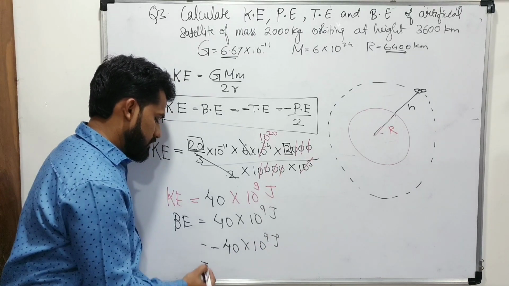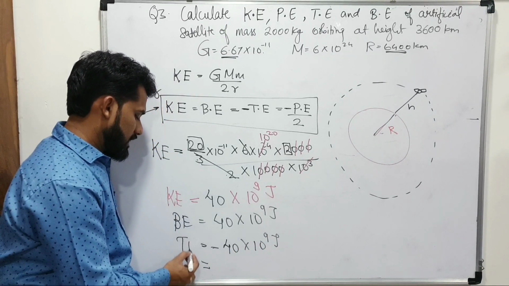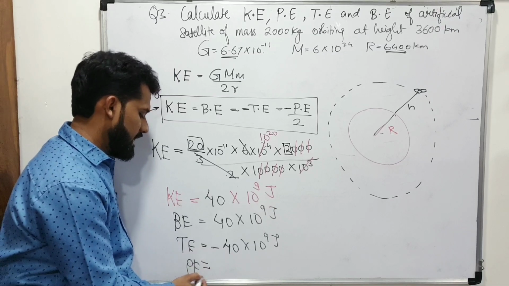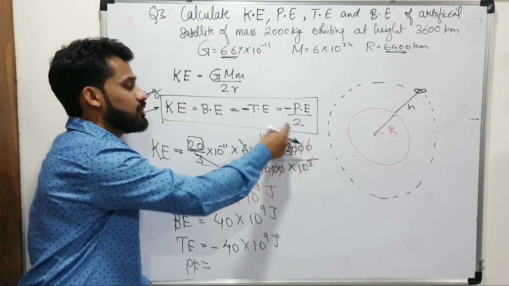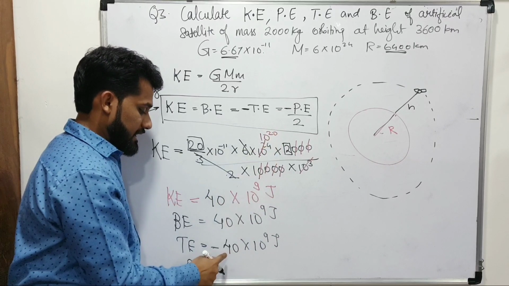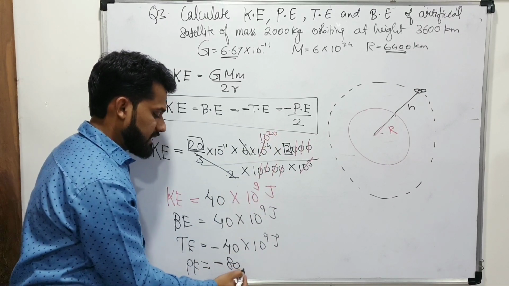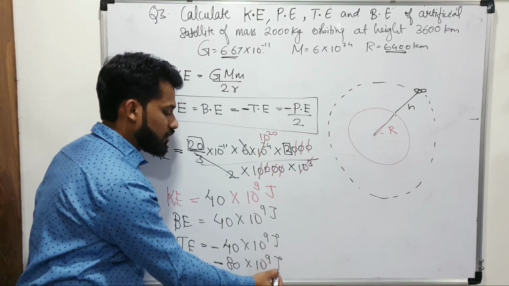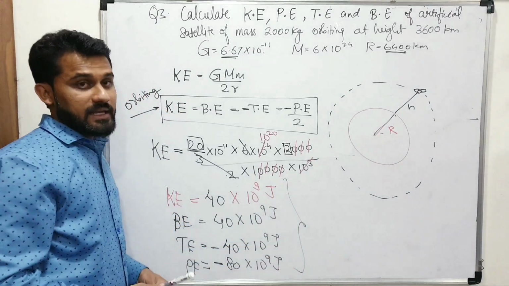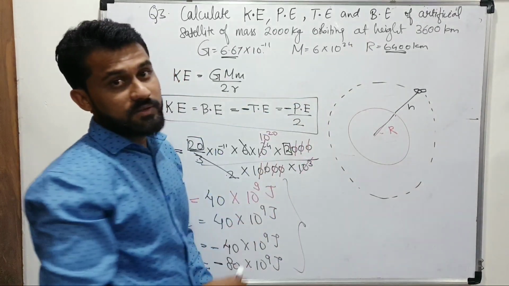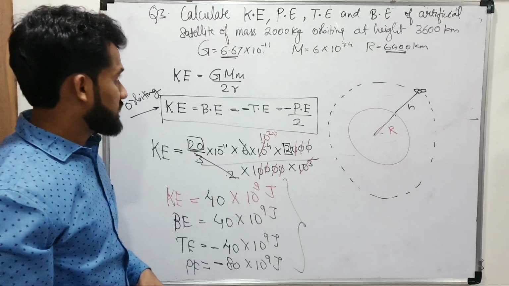And for potential, the energy should be made double because the 2 will get multiplied and double with a negative sign. Minus 80 times 10 to the power 9 joule. These are the energies of satellite orbiting at height 3600 kilometers. So this is the answer for question number 3.